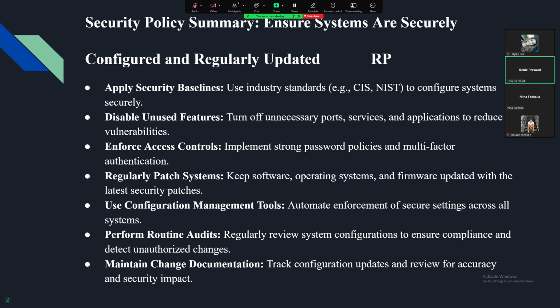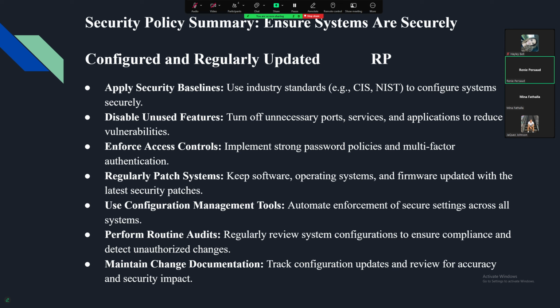And now the security policy summary. Ensure systems are securely configured and regularly updated. Apply security baselines: use industry standards like CIS and NIST to configure systems securely. Disable unused features: turn off unnecessary ports, services, and applications to reduce vulnerabilities. Enforce access controls: implement strong password policies and multi-factor authentication.